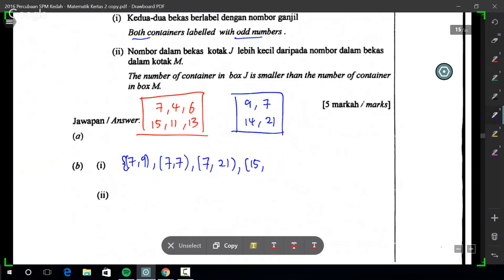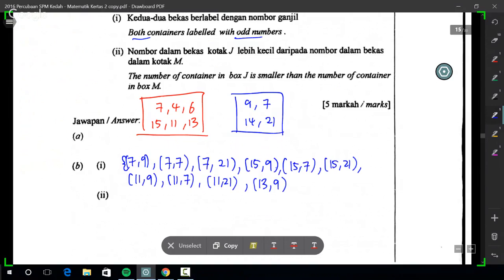I will start with 15, 9, and then I will have 15, 7, and then 15, 21. And then for 11, I have 11, 9, and then 11, 7, and then 11, 21. And then for 13, I have 13, 9, and then 13, 7, and then 13, 21.